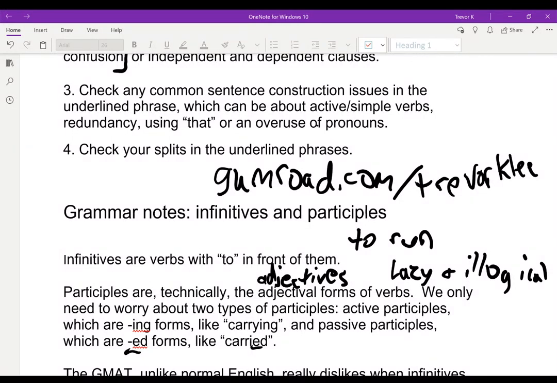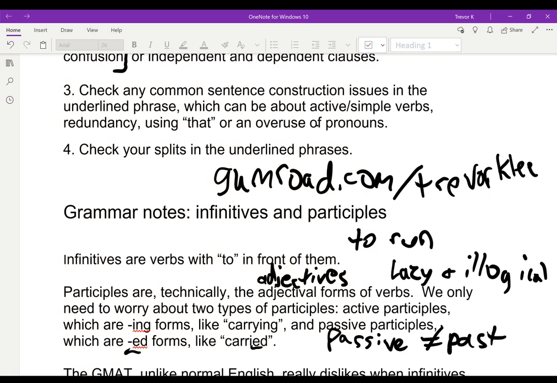So carried by the boy, passive. The boy carried the ball, past. Why do those have the same form? I don't know, because English is lazy and illogical, and we decided for some reason that our passive and past forms have to be the same or are almost always the same. It's because English sucks. So I just want to point out that just because they're the same form does not mean they're related at all. It just means English sucks. And this is not a problem in like any other language. English just did this for its own reasons.